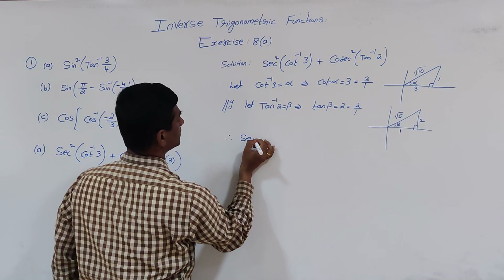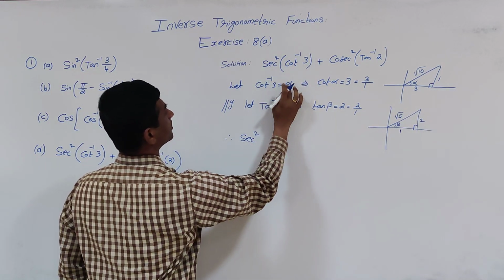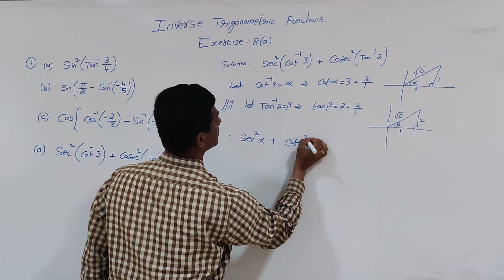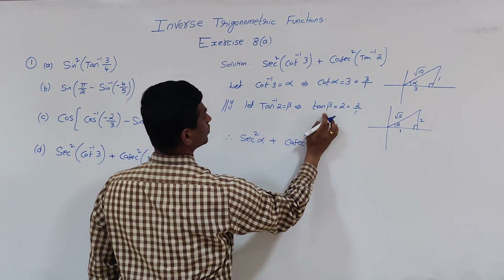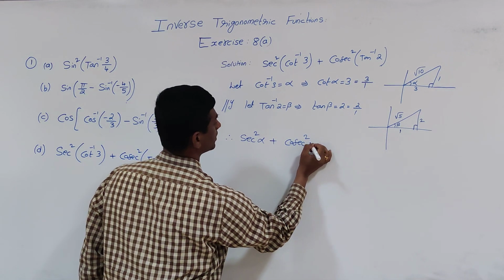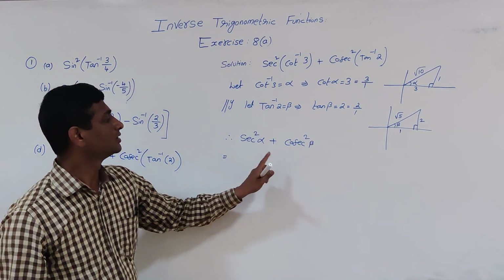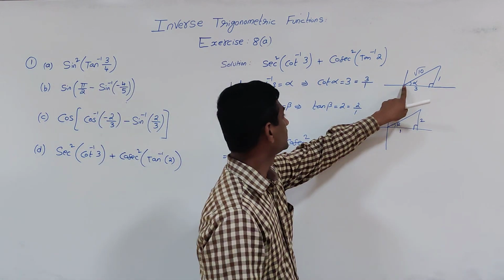Therefore secant square of cot inverse of 3, which is alpha, plus cosecant square of tan inverse of 2, which is beta. Now what is secant alpha whole square? We have to go for the alpha triangle.